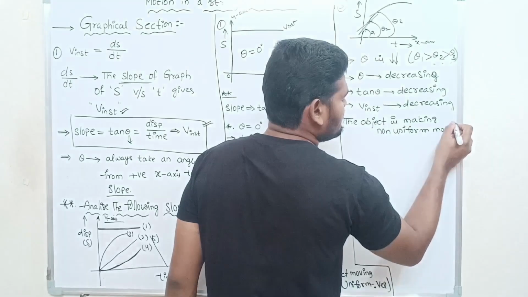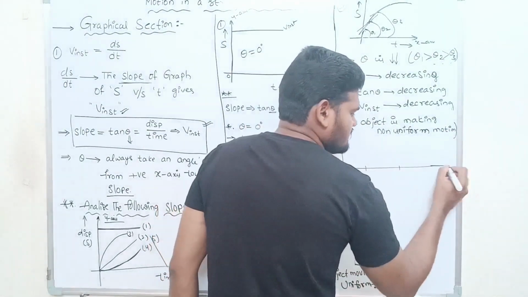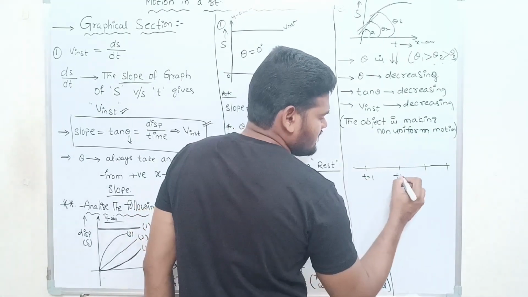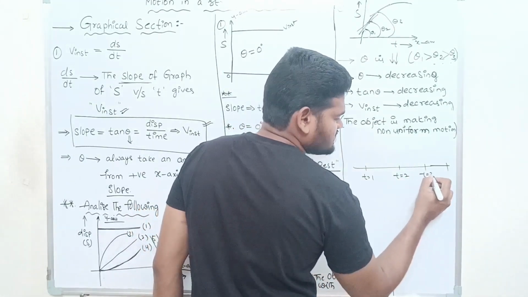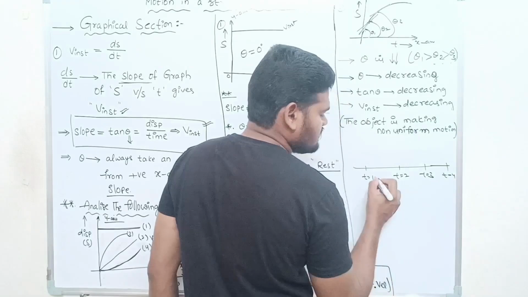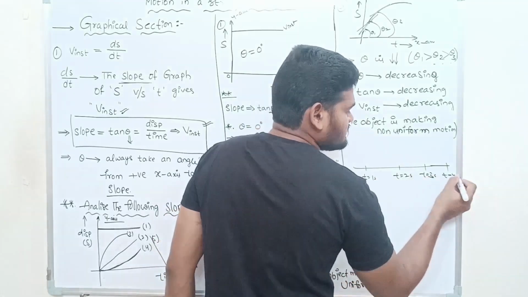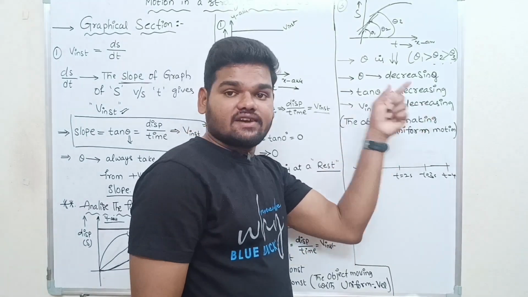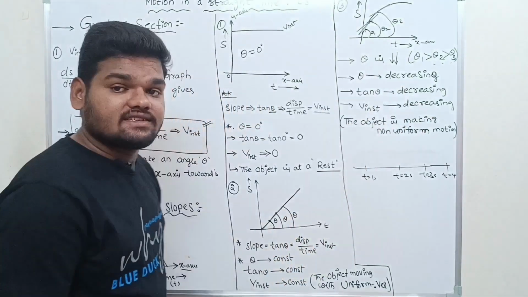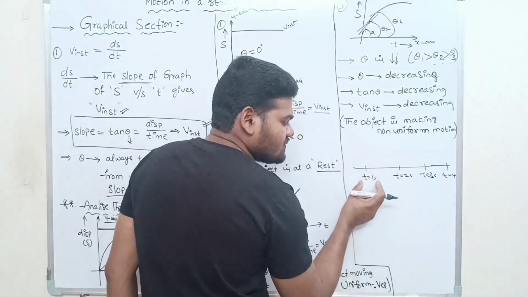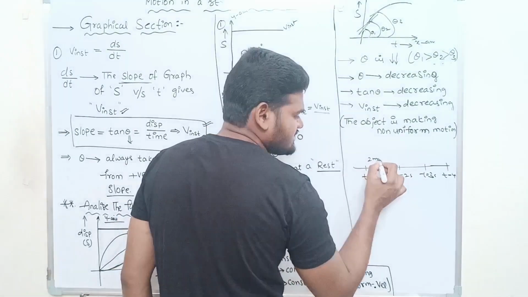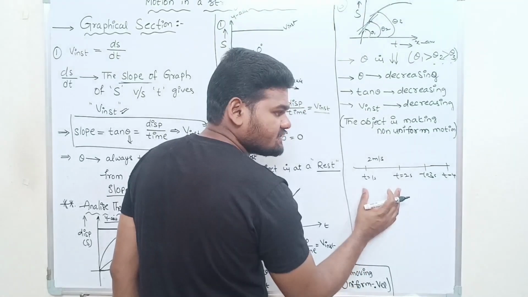Non-uniform means what? If I take the velocity of an object at t equals 1, t equals 2, t equals 3 seconds, t equals 4 seconds, from the graph it is clear that the instantaneous velocity of the object is decreasing. In the interval between 1 second and 2 seconds, let us say the instantaneous velocity is 2 meters per second.